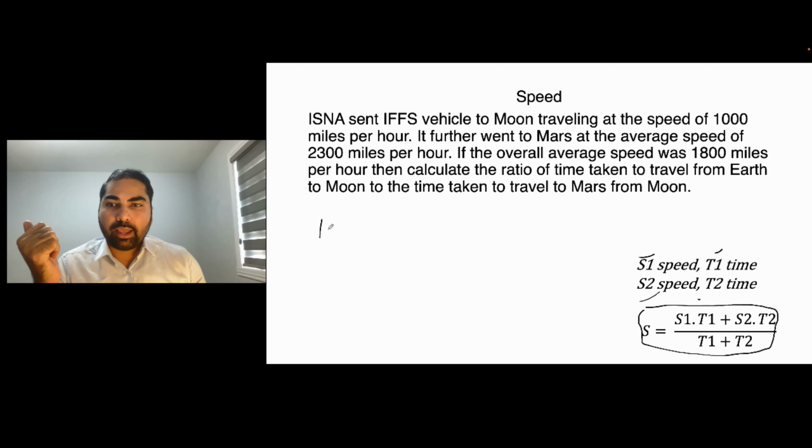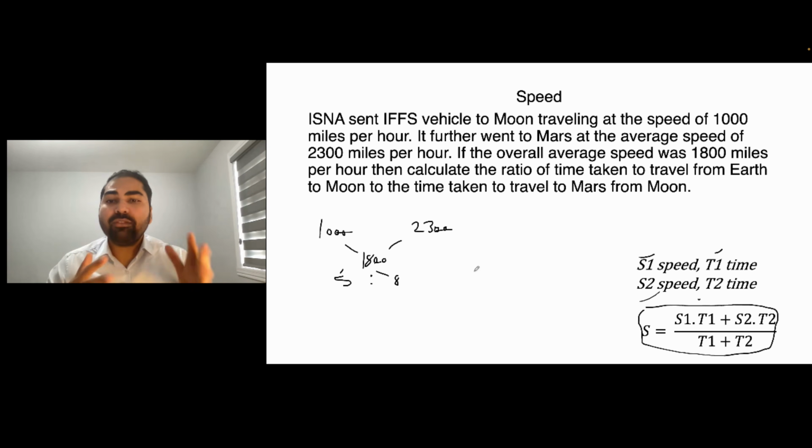You're traveling 1,000 miles per hour at one particular distance, then you're traveling 2,300 miles per hour at another, but your overall average speed is 1,800, right? You know what, I can just get rid of the zeros everywhere. So the ratio is this minus this is 8, and this minus this is 5. Just take the positive number, don't worry about the negative part of it.